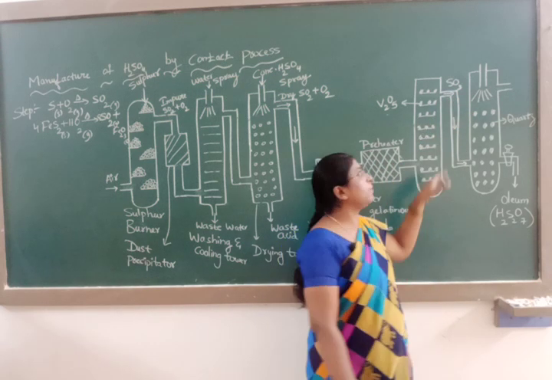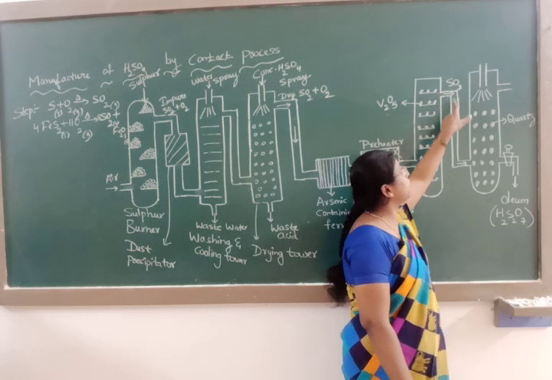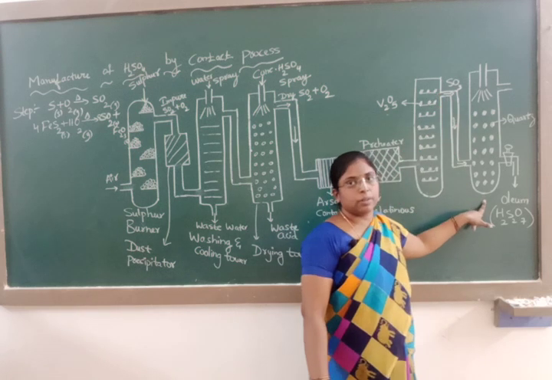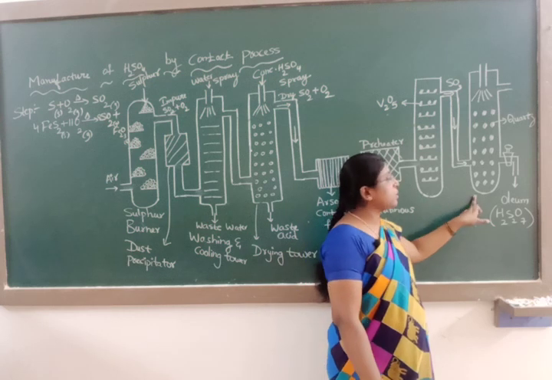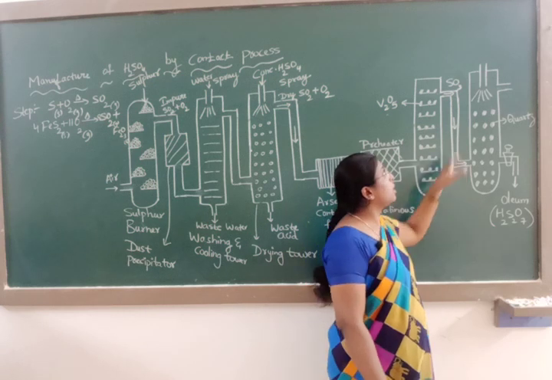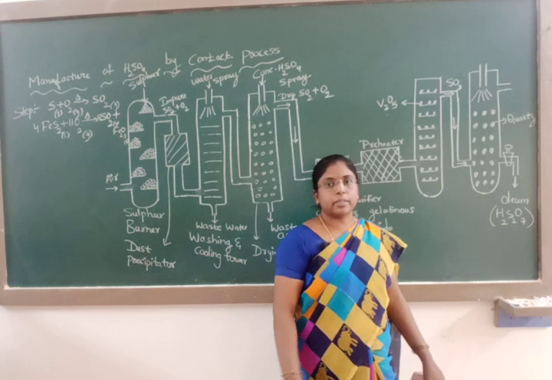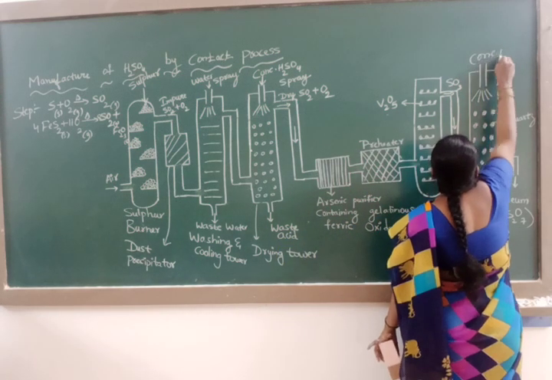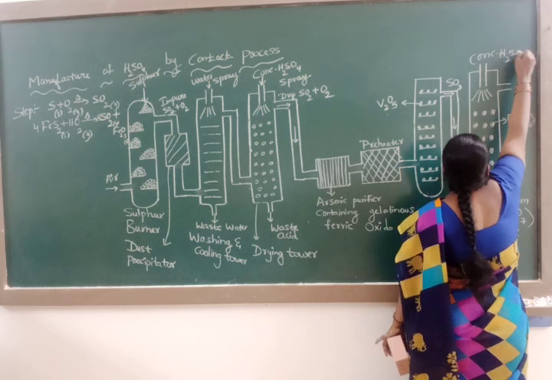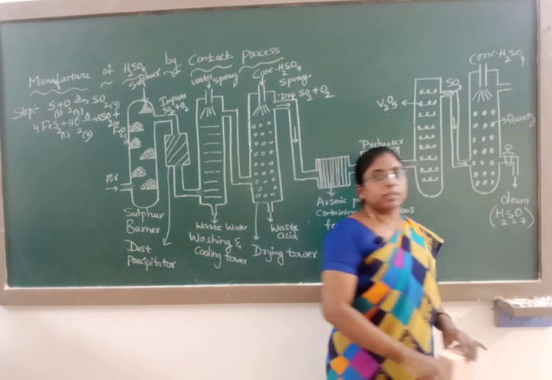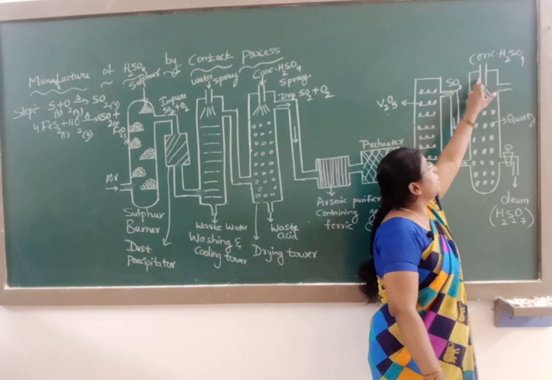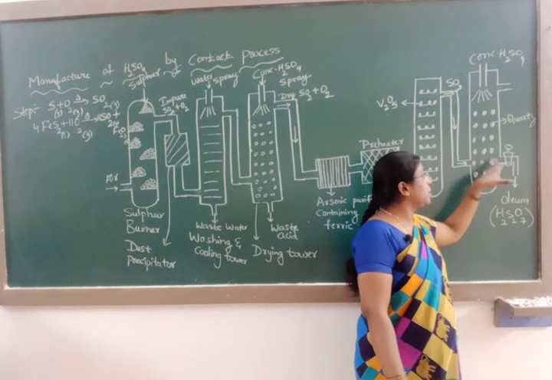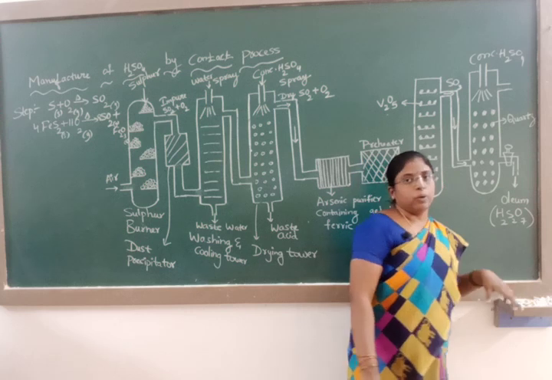The obtained sulfur trioxide gas is passed into a chamber in which quartz is placed. The dry sulfur trioxide gas gets absorbed by concentrated sulfuric acid and is converted into oleum.